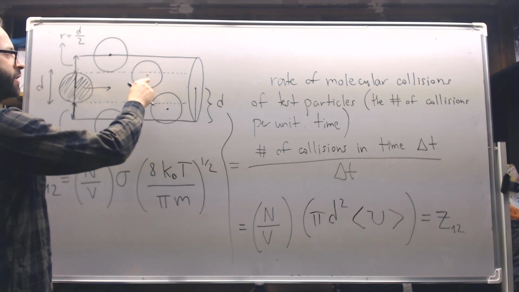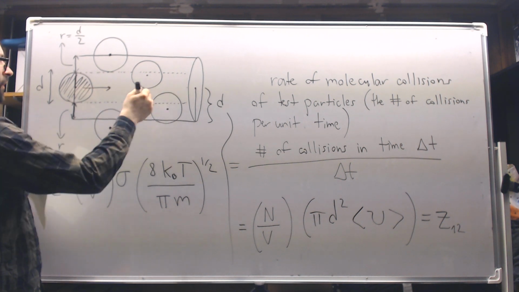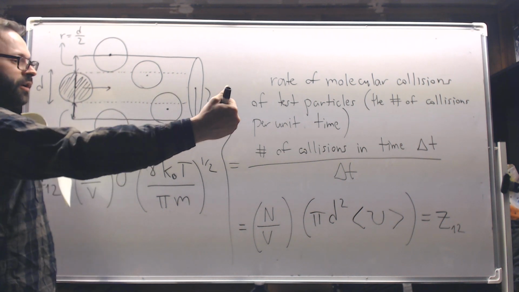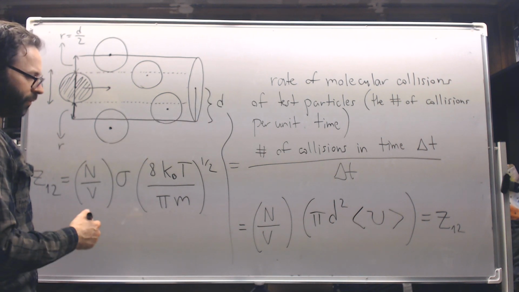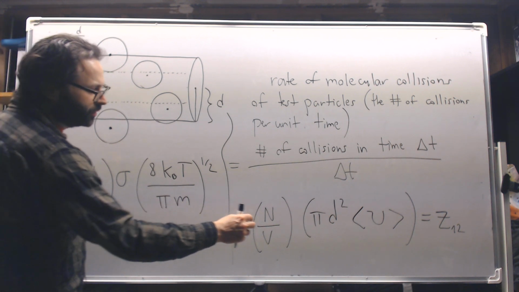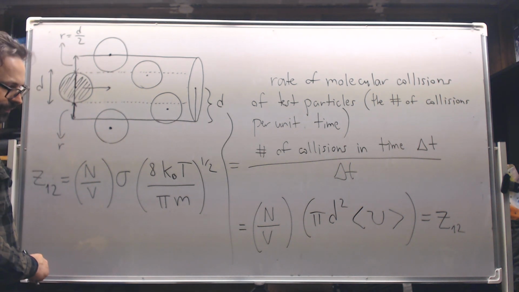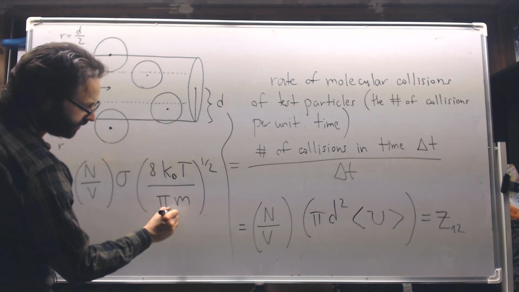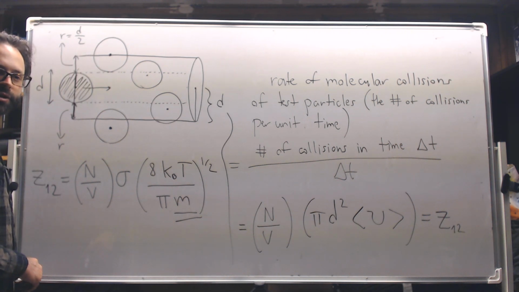If this molecule is also moving, then one needs to consider how quickly molecules are approaching each other, given that they're both moving. What that does is replace the average speed here by the average relative speed. And the net effect of this is to change m, the mass of the particle, by the reduced mass.